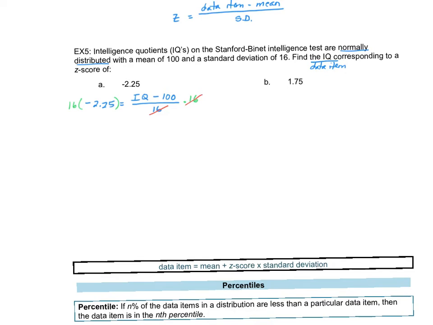On the left-hand side, I'm going to leave it as 16 times negative 2.25 equal to the IQ score I'm trying to find minus 100. So to get the IQ score by itself, I would add 100 to both sides.